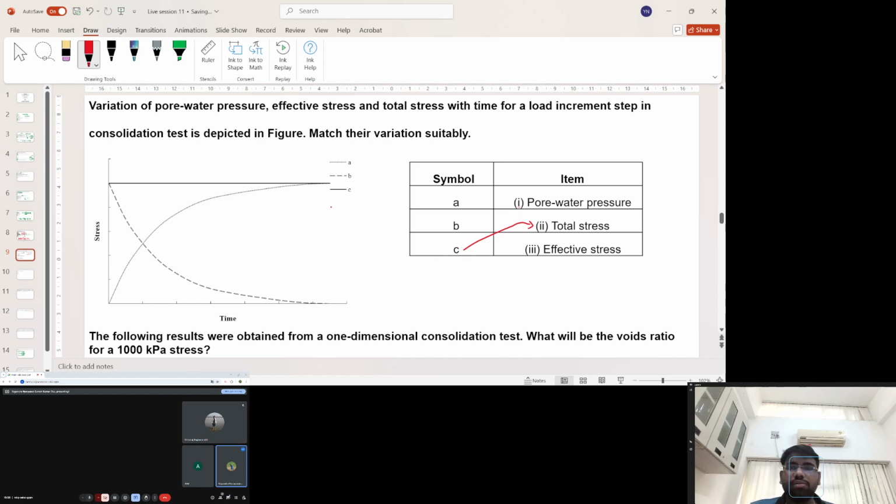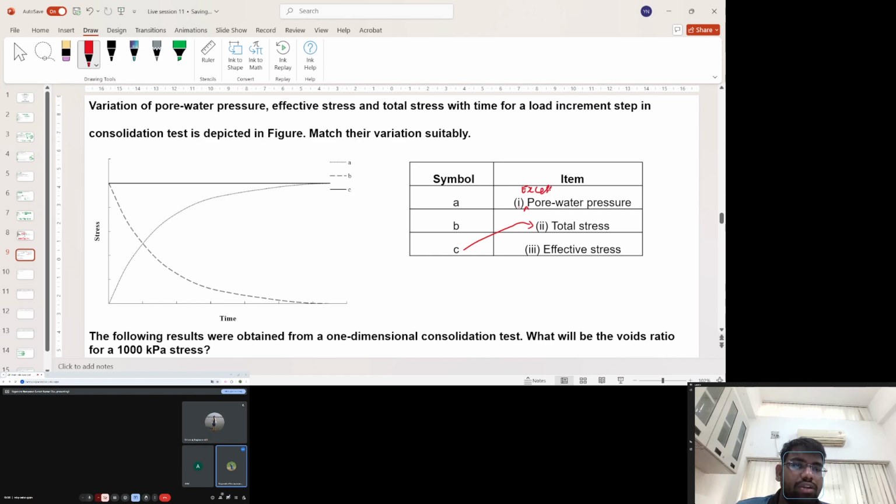B is the broken discontinuous line. So it is obviously the variation in excess pore pressure, so you can write it as excess pore pressure. And A is usually for effective stress.